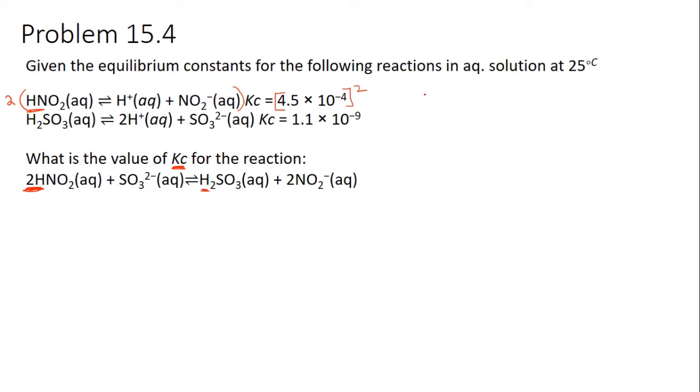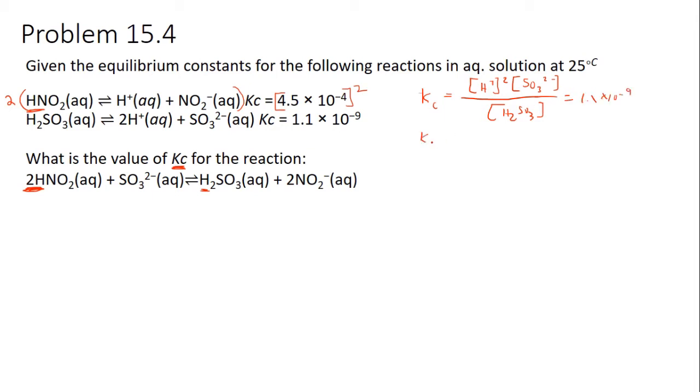And so for the forward reaction, our equilibrium expression is products over reactants, which would be proton squared times our sulfite over our sulfurous acid, H2SO3. That's for the forward reaction, and that equals 1.1 times 10 to the minus 9.